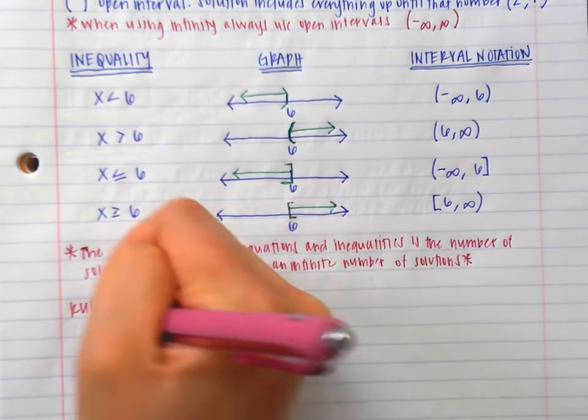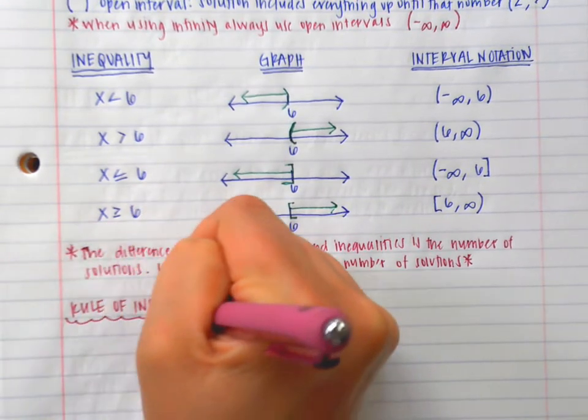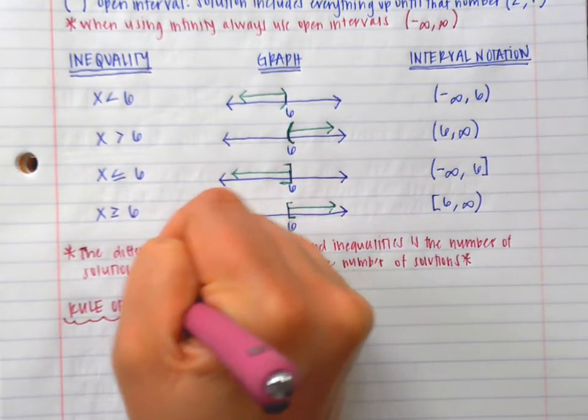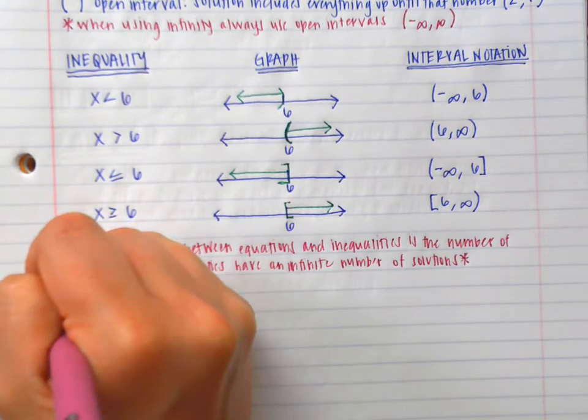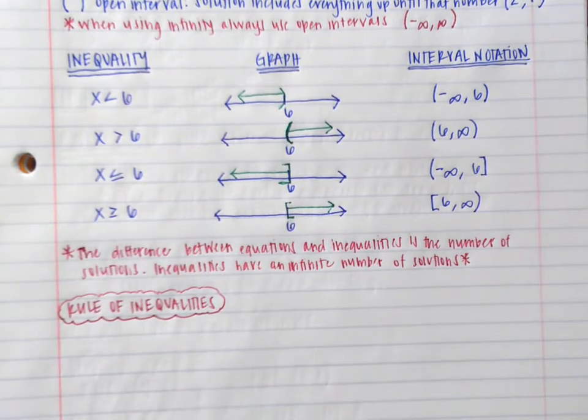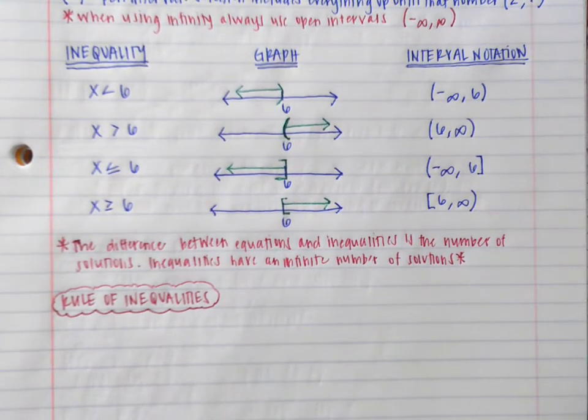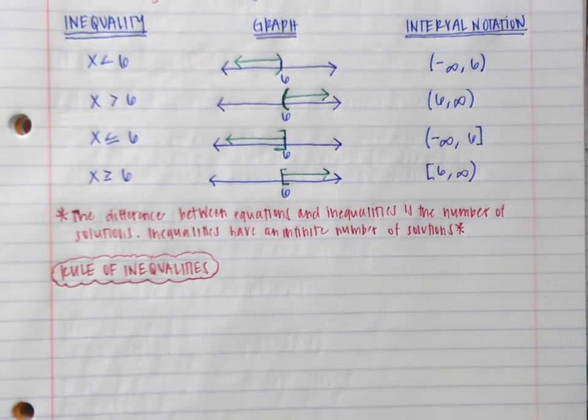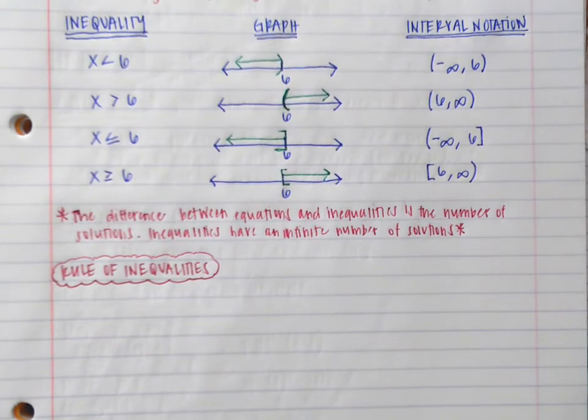And some of you know it off the top of your head, and some of you are like, inequalities, huh? And that's okay. That's what I'm here for. So the rule of inequalities, and I bet you if you don't remember it, once I start saying it, you will remember it.